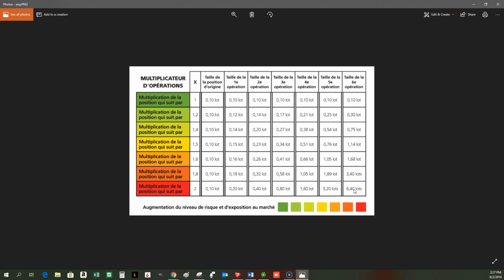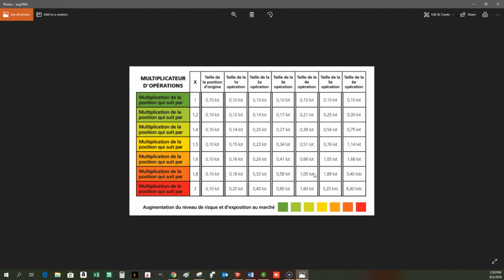All right. And 6.40 lots, it's a lot of money. You cannot trade with the balance that we just opened with, 50 euro. Because 1 position with 0.10 lot is already 6.26 euro margin. So each position will be 6.26 multiplied by the coefficient that you took.